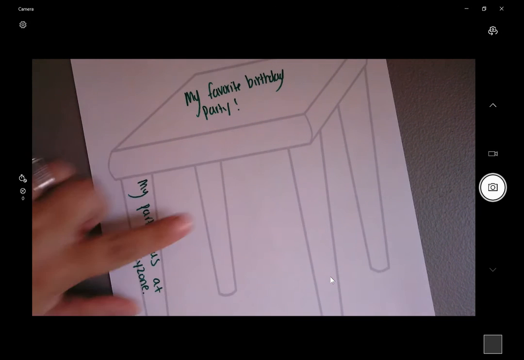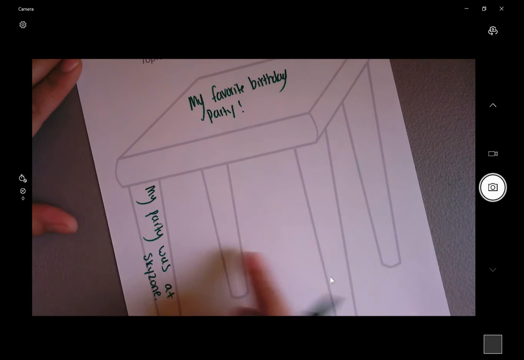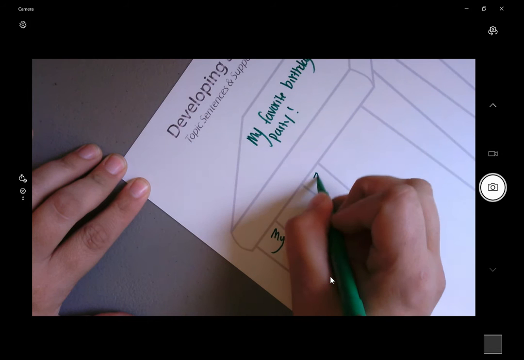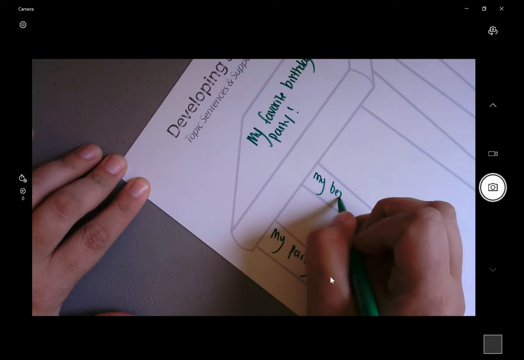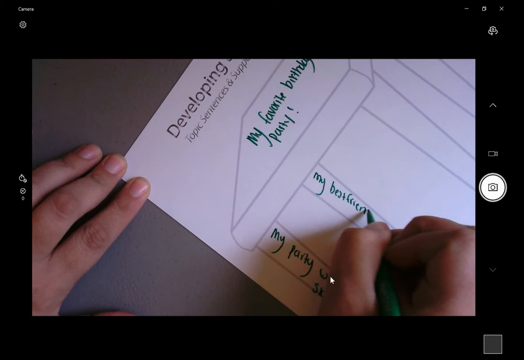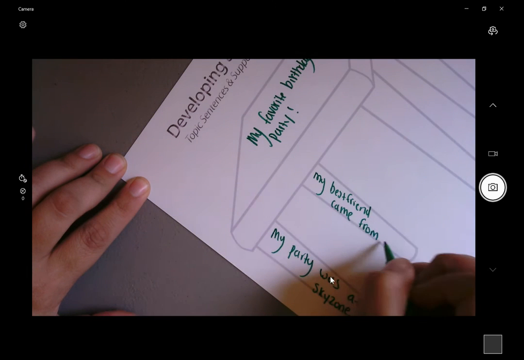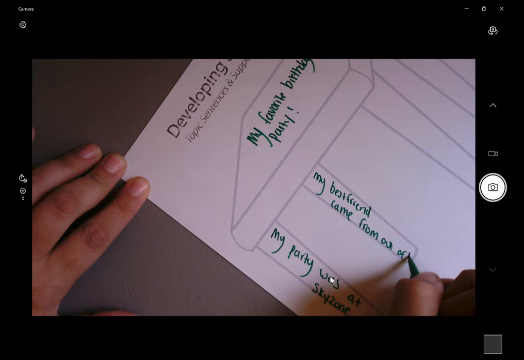Okay, so our second leg, and really you can put this on any leg that you want, but we're going to say that my best friend came from out of town.